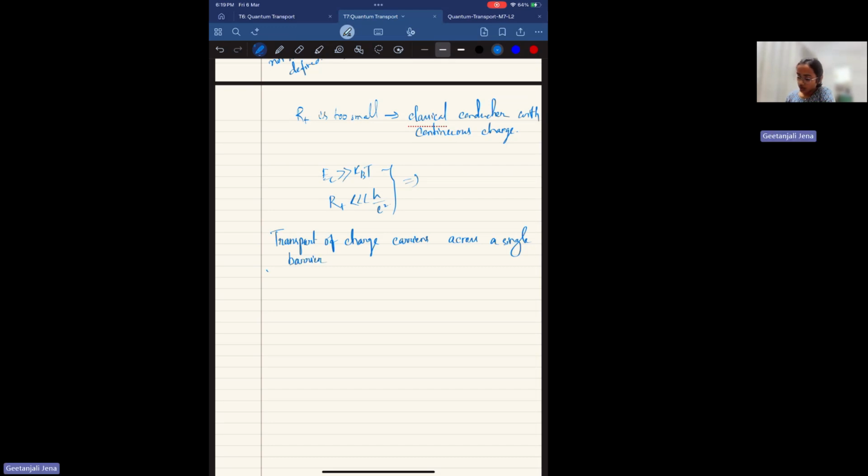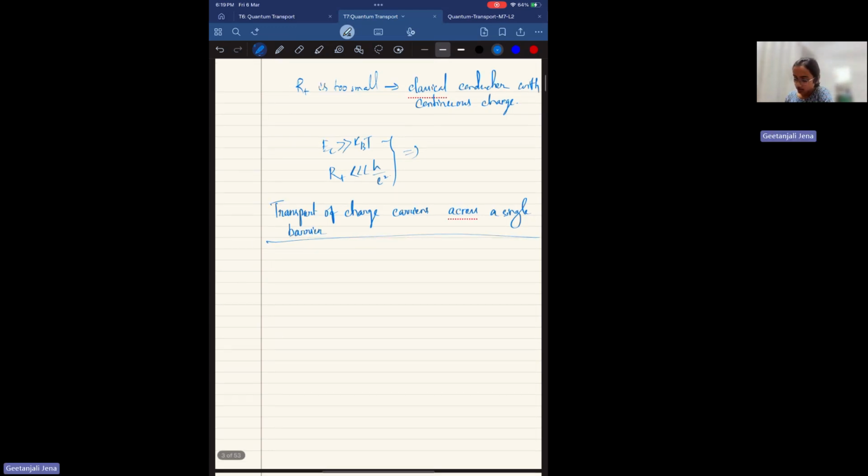So we'll make two assumptions. One is that the dot is weakly coupled to either the source or the drain. So that means the wave function psi1 for the source and psi2 for the drain will remain unaffected because of this weak coupling.